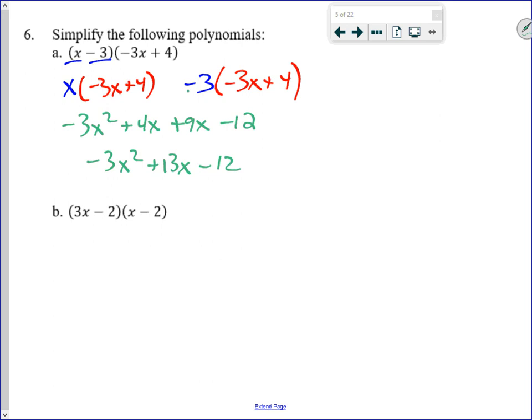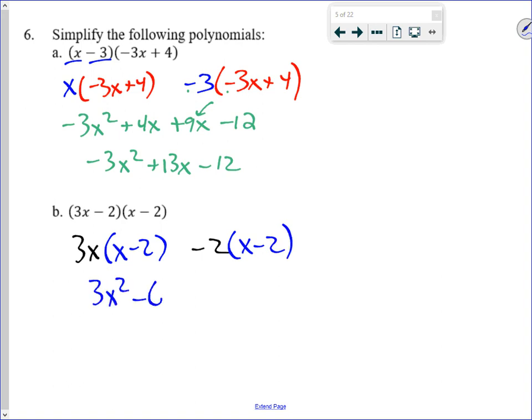Sorry, a negative times a negative is a positive here. All right, and the second one we do the exact same way: 3x minus 2 times x minus 2. That'll give me 3x squared minus 6x minus 2x plus 4, or 3x squared minus 8x plus 4.